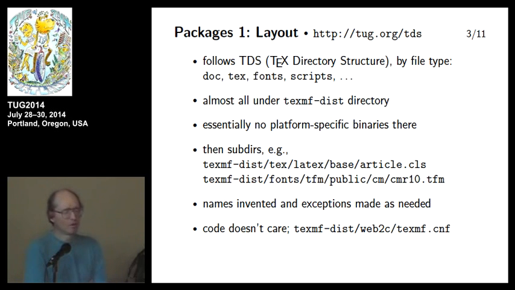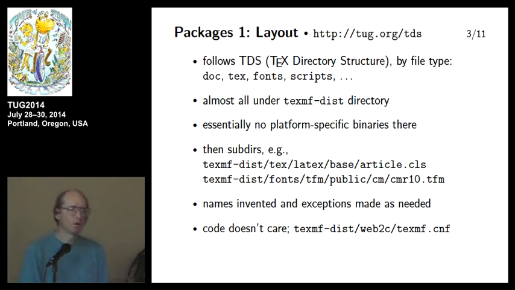So almost everything in TeX Live, the platform independent stuff, is under a top-level directory named texmf-dist, dist for distribution. That name has changed a few times over the years. So there's almost nothing platform-specific under there. And then once you get beyond the file type, as I showed here, a couple of the basic intervening paths, there's lots of subdirectories which can be named more or less random things, and there can be more or less random numbers of them.